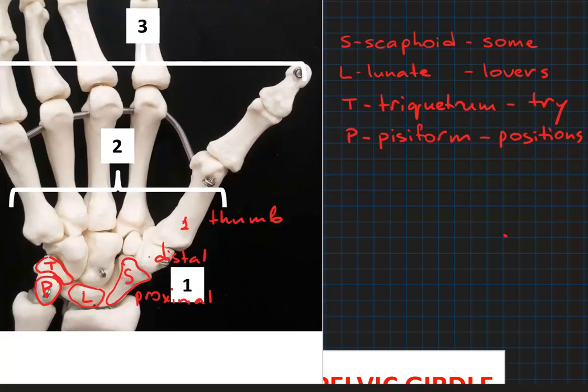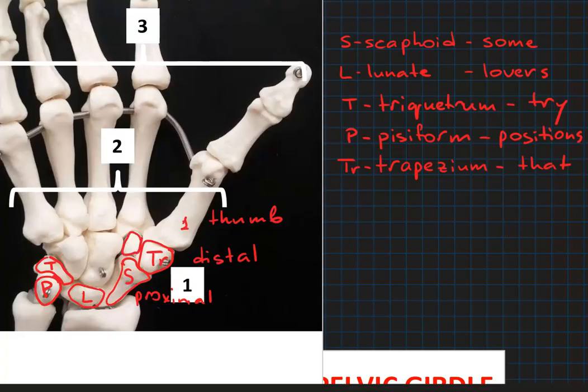Now we're going to return back to the thumb and start the distal row. So we're going to call this bone TR, because it also starts with T. So TR is trapezium, and that gives us the word that.